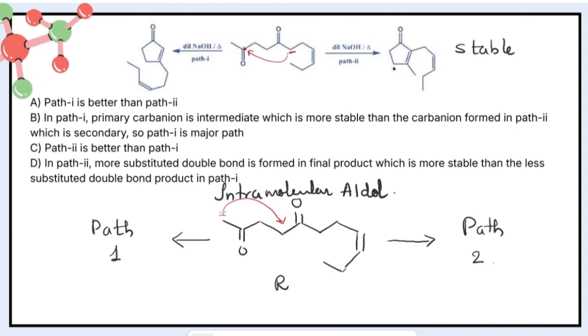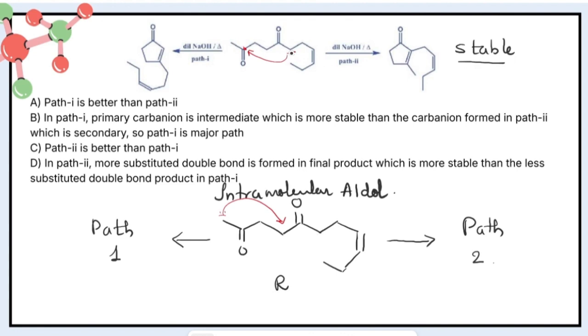The more the substituents, the more stable the double bond. Because when we have more carbons, we tend to have more alpha hydrogens or allylic hydrogens, which will stabilize the double bond due to hyperconjugation. Therefore, this product is more stable.